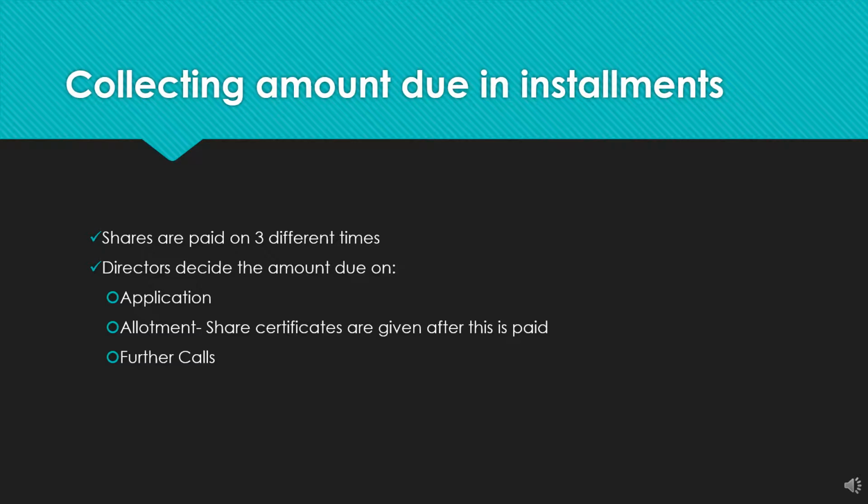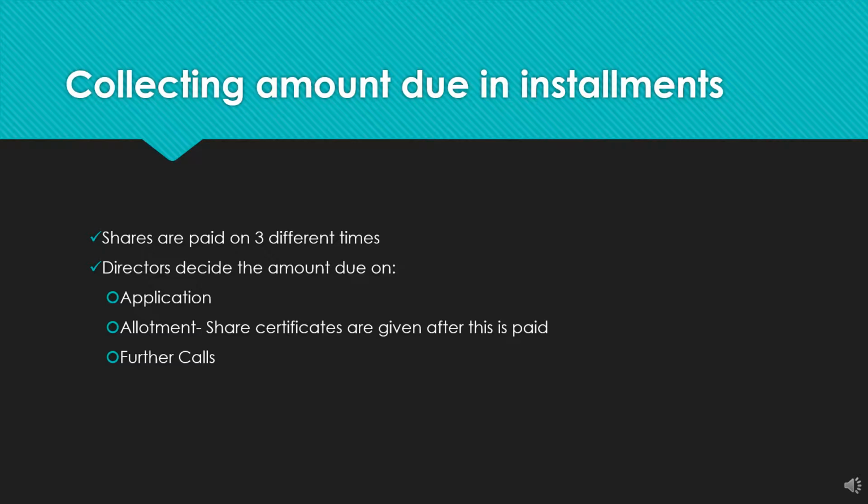The first one is to collect the amount due in installments. What that would mean is the directors would decide the amount due on application, when the shareholders apply for however many shares they want.